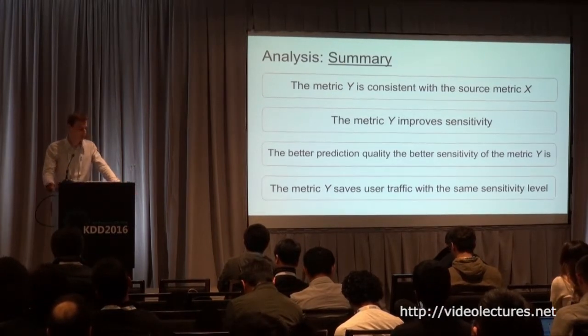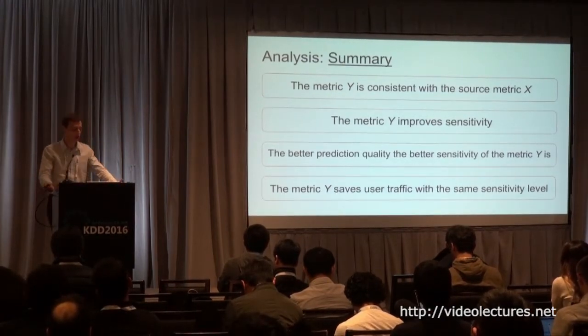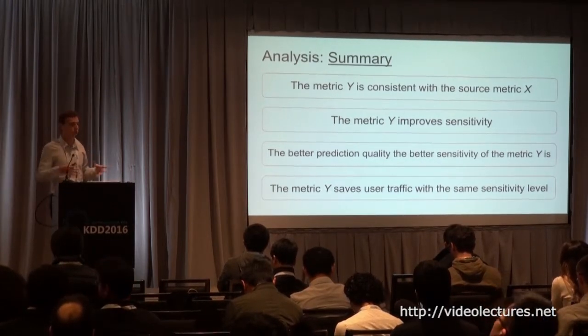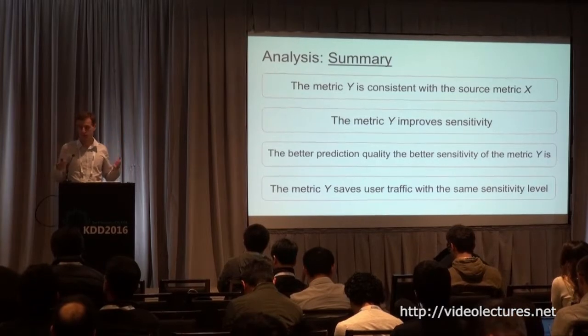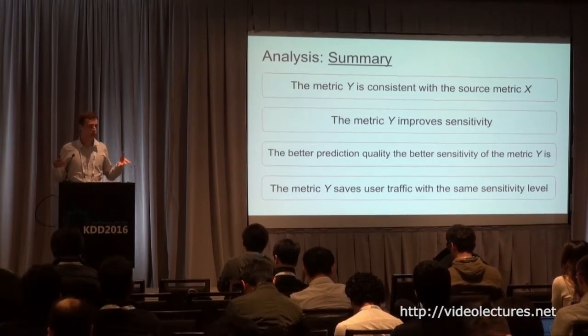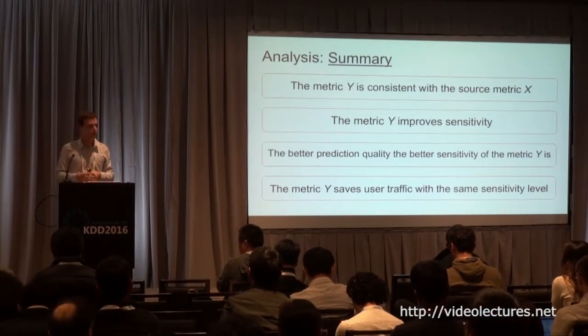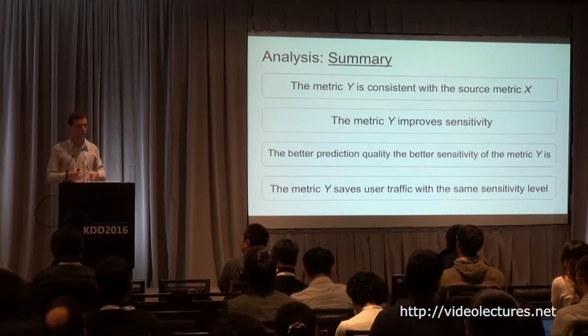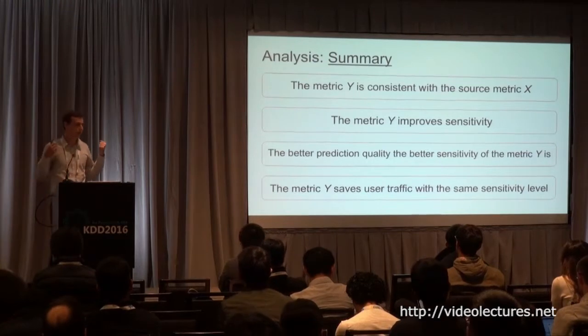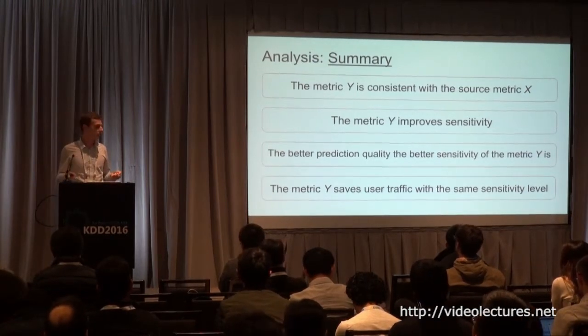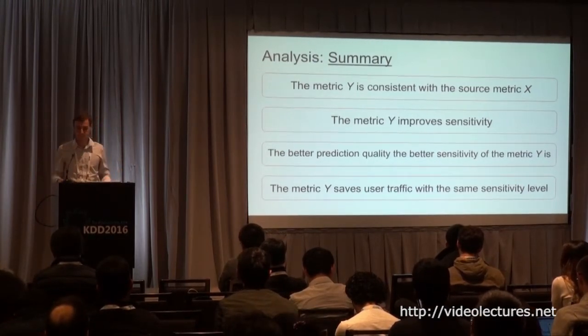And finally, the metric y saves user traffic if we want to have the same sensitivity level. If we do not want to increase sensitivity, we can have the same sensitivity level, but we can use fewer users, and thus we can conduct more A/B experiments in one day.